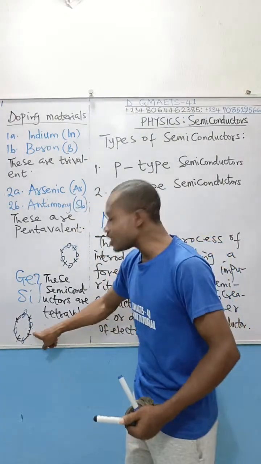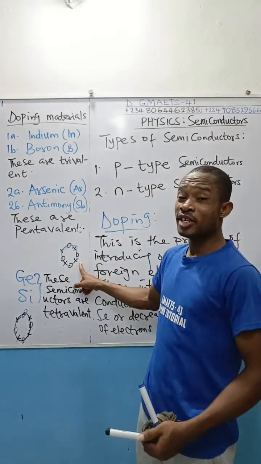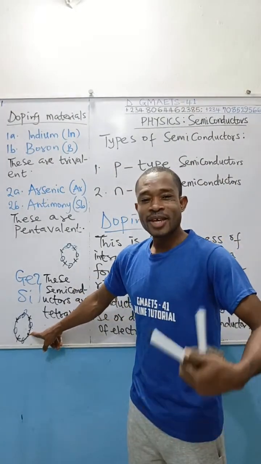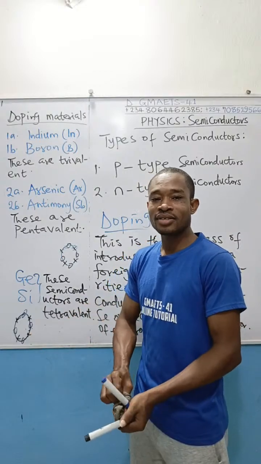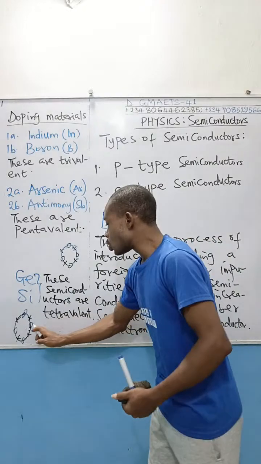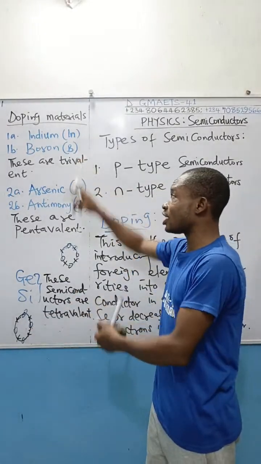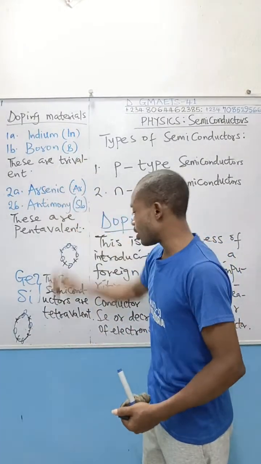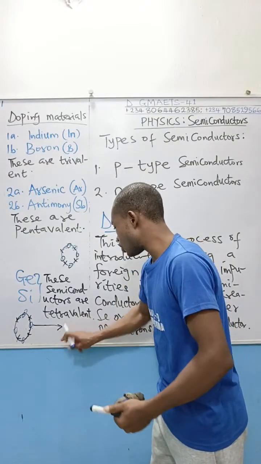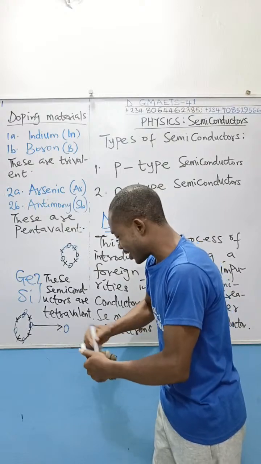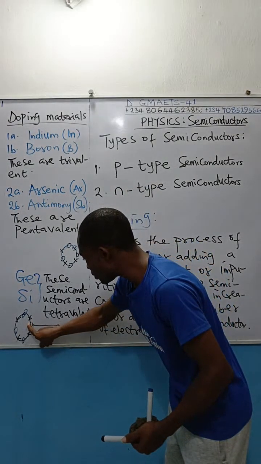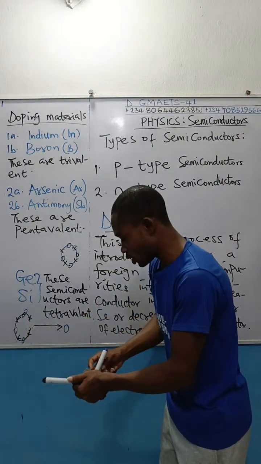Now, if you dope this with a trivalent substance, this one I explained is doping with pentavalent, what is now going to happen? This will lose an electron. We have to donate an electron to that trivalent doping material. So let me say it gives this out. That will now create an extra space here. Let me wipe it. It creates an extra space.